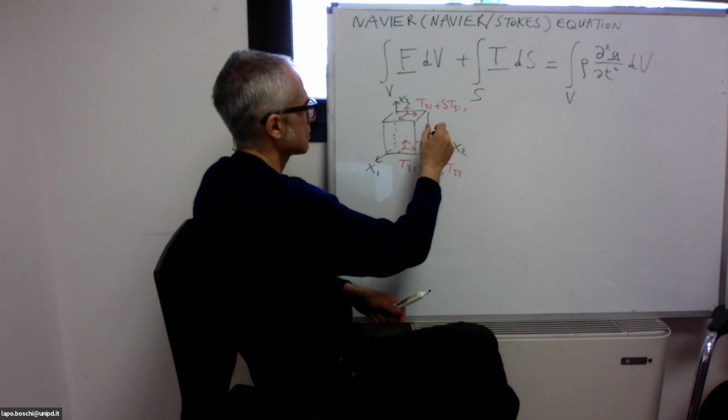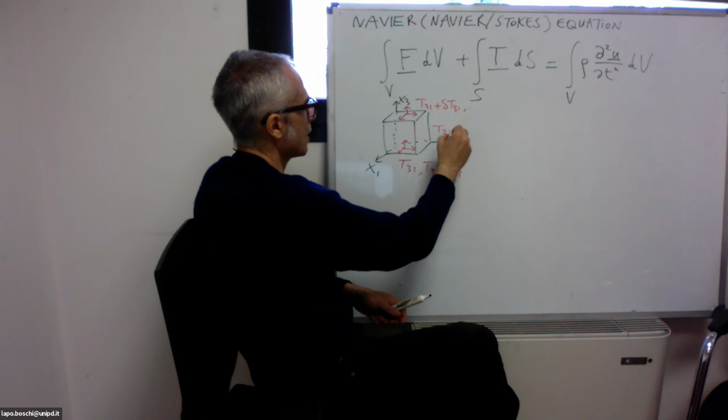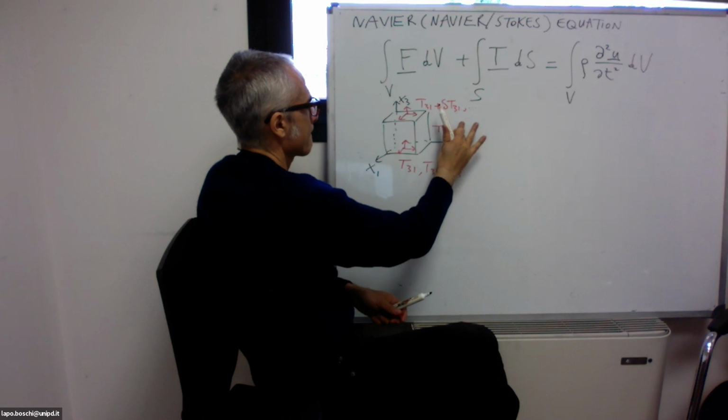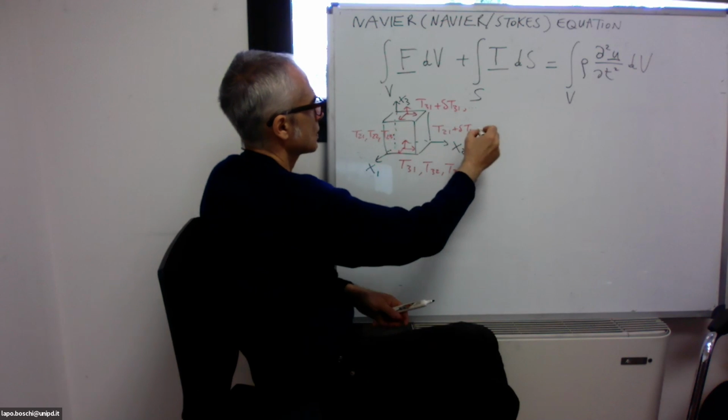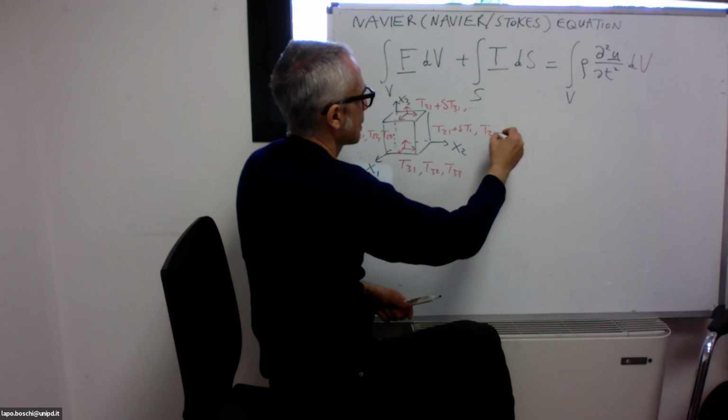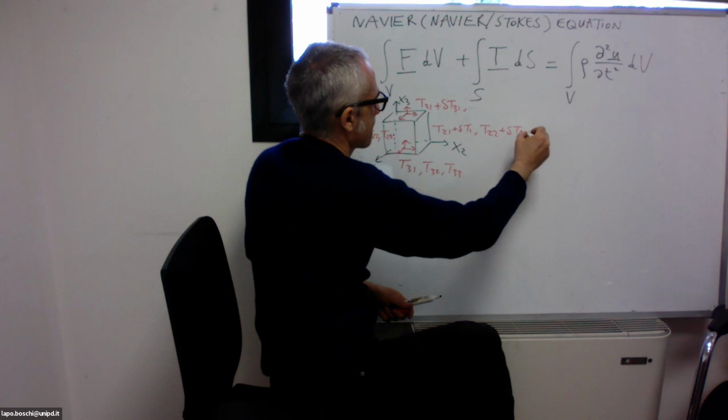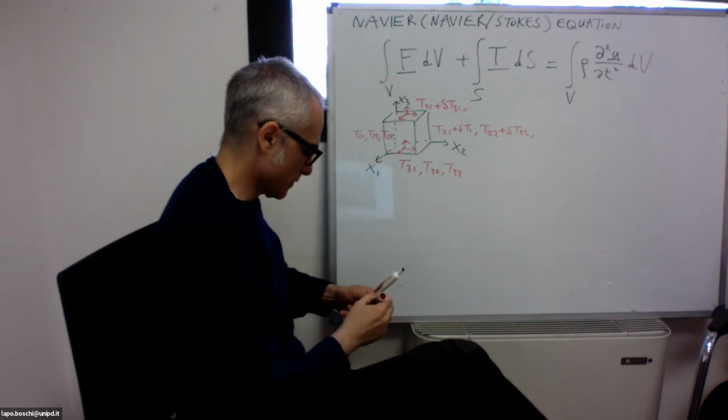Likewise, here I would have T21 plus delta T21, and here you have T21, T22, T23, and so on and so forth.